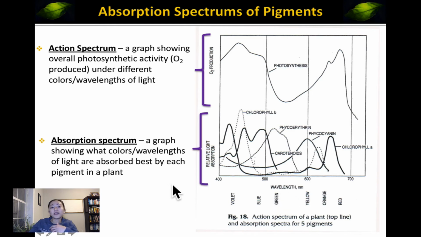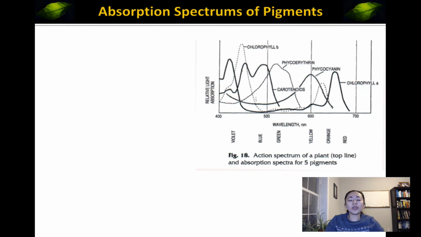The bottom graph here is showing an absorption spectrum. You should be able to interpret absorption spectrums for different pigments. What this graph is showing you is what colors or wavelengths of light are absorbed best by each pigment in a plant. Each line here represents a different pigment. So let's talk about how we can interpret an absorption spectrum.